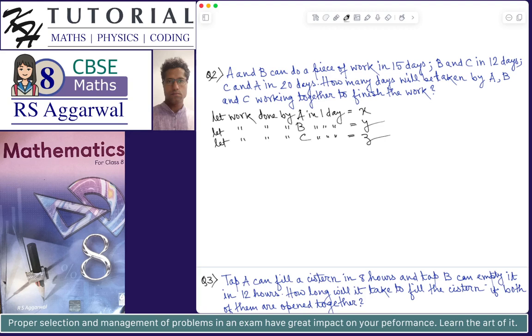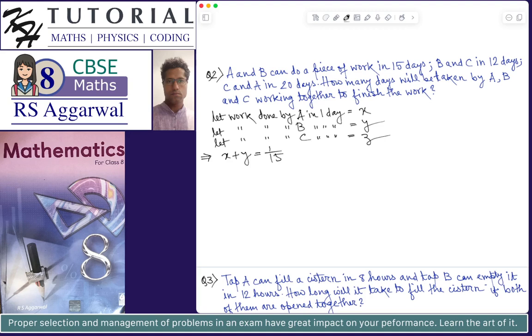Now it is given that A and B can do a piece of work in 15 days, which means that in one day the amount of work done by A plus B will be 1 by 15. So we can say that X plus Y is equal to 1 by 15.